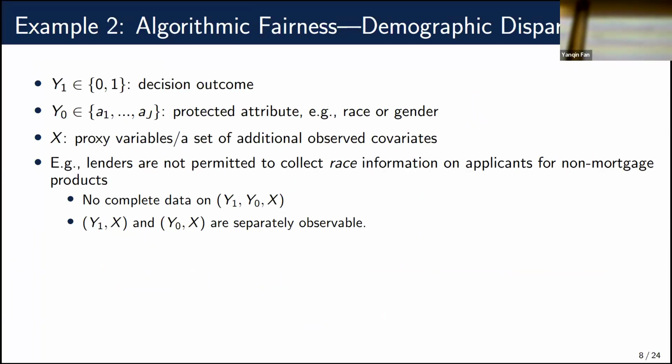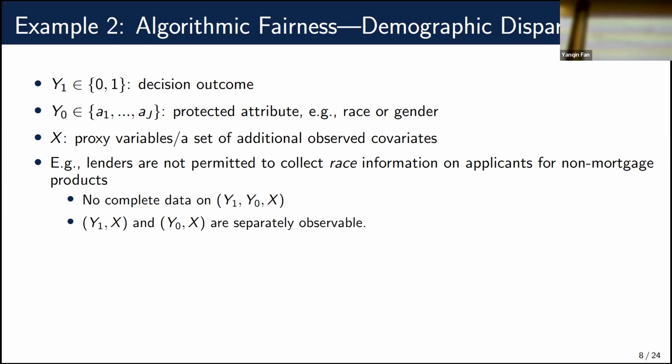Now let's look at this more interesting one. It's in fact a simple setup. Y1 is some decision outcome. You can say it's a positive outcome if Y1 takes 1, negative outcome if Y1 is 0. It doesn't matter. You can say loan application, job application, anything.